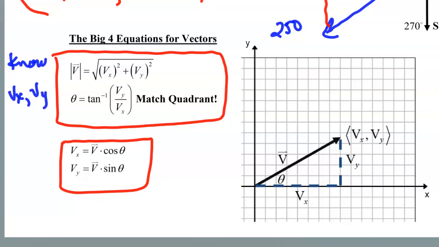When I know my components, x and y, I can find my magnitude and direction. And the second two are when I know my vector, or my magnitude and my direction, and I want to find its components. These are the big 4 equations. You should have them handy with you at all times to figure out what we're doing.